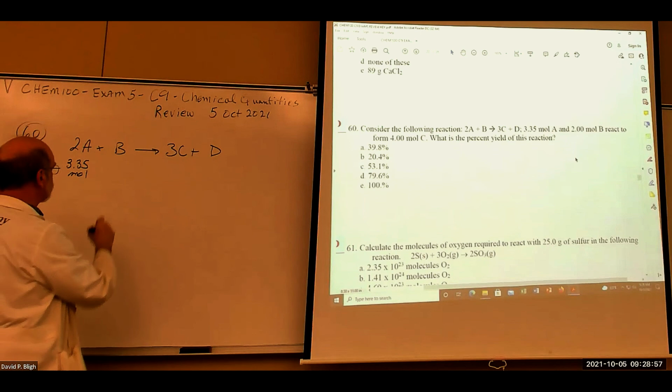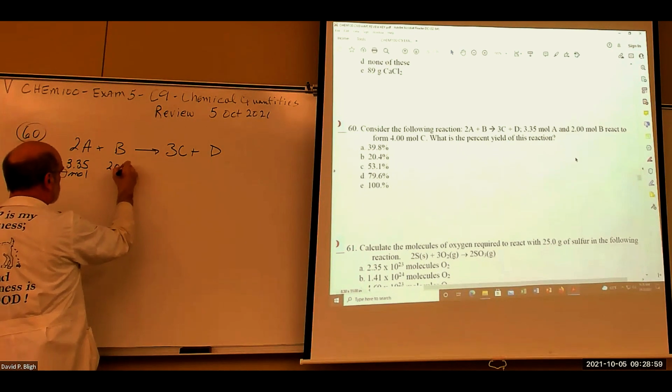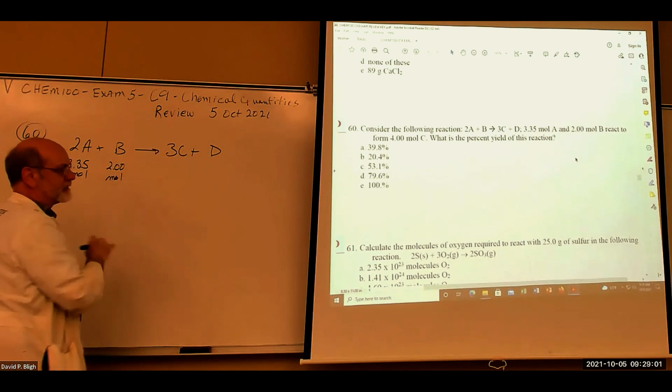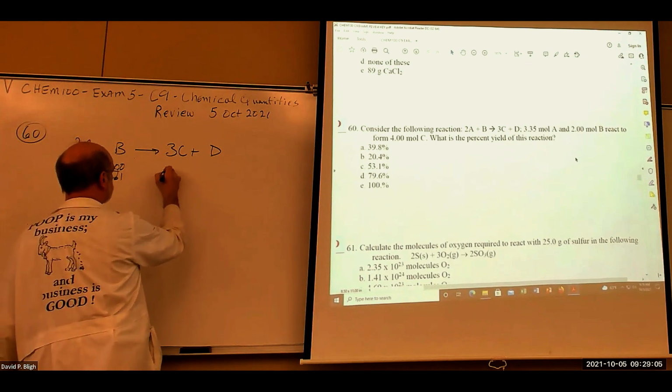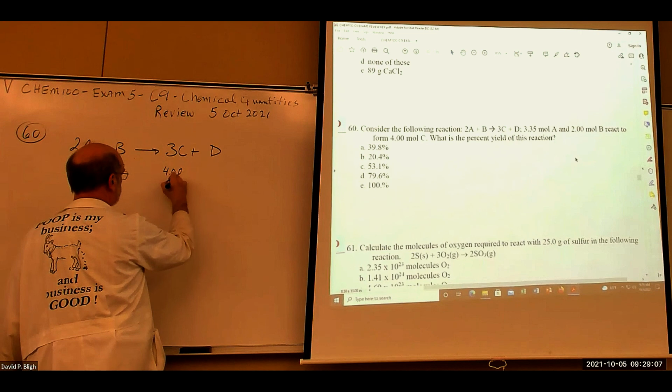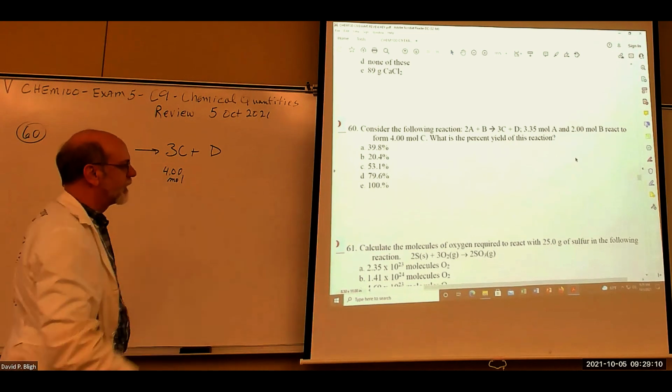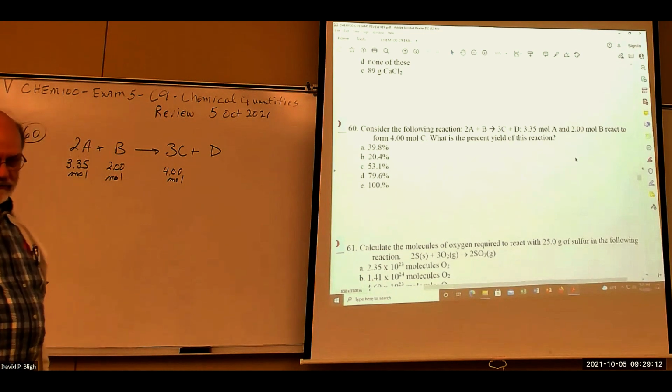And 2 moles of B. All right? React to form 4 moles of C. Okay? What's the percent yield?